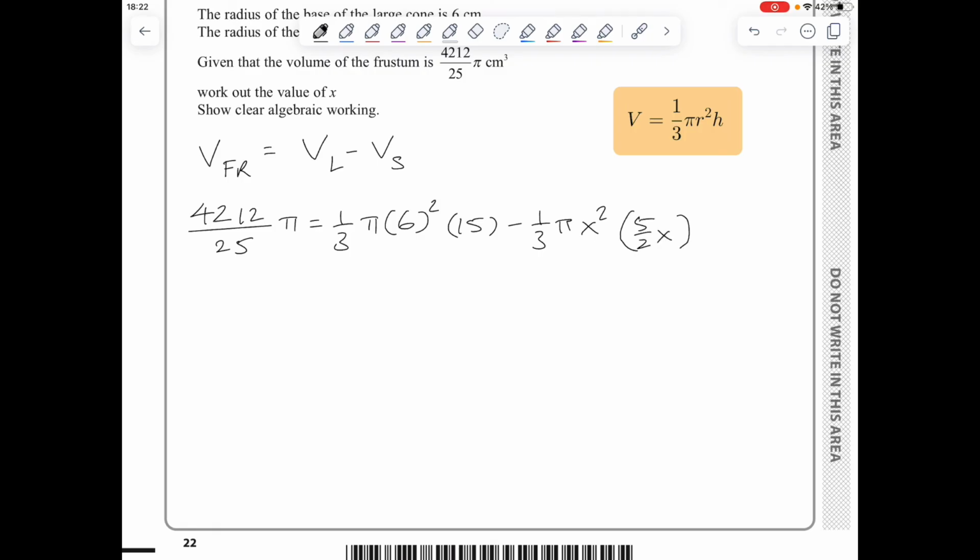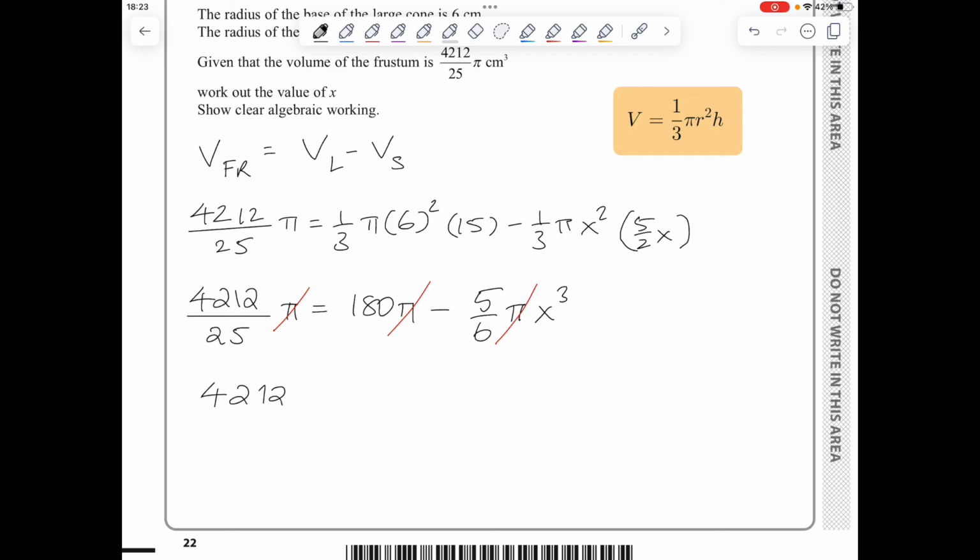Let's simplify. 4,212 over 25 pi is equal to 180 pi minus 5 over 6 pi x to the power of 3. I can divide everything by pi. So 4,212 over 25 is equal to 180 minus 5 over 6 x to the power of 3. Let's rearrange to get 5 over 6 x cubed on its own.